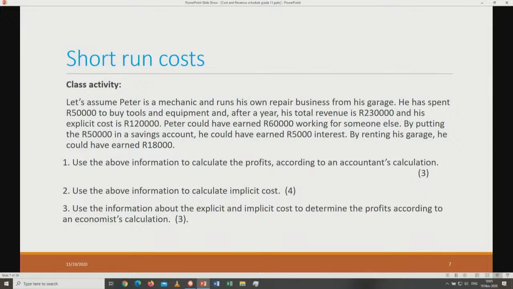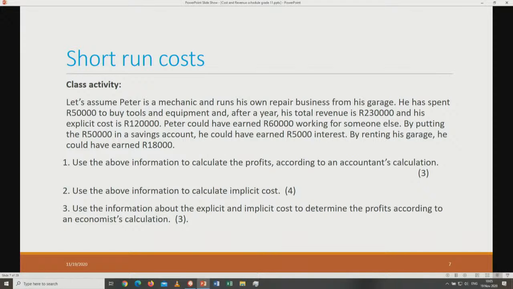Okay, we have looked at this. You must be able to explain what is revenue and what is total cost, because for you to calculate profit, you need to know the total cost, which is the sum of all the costs in the business, right?